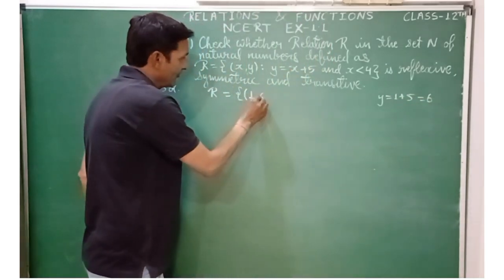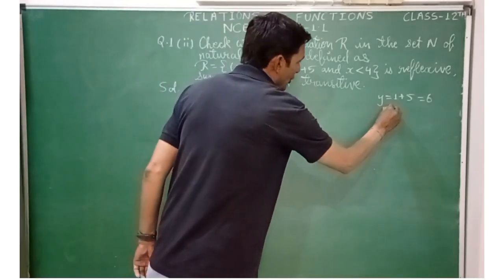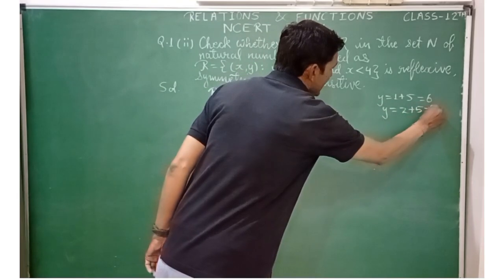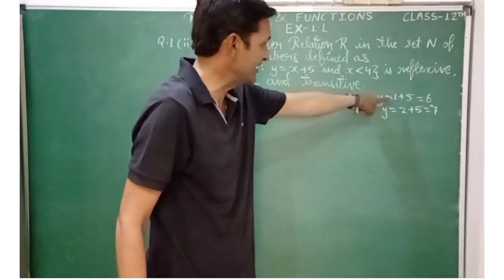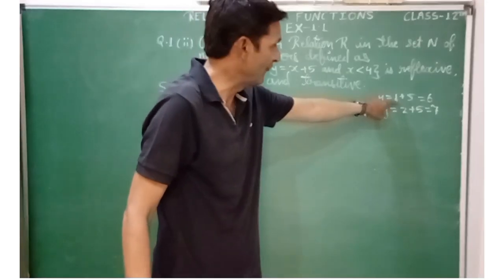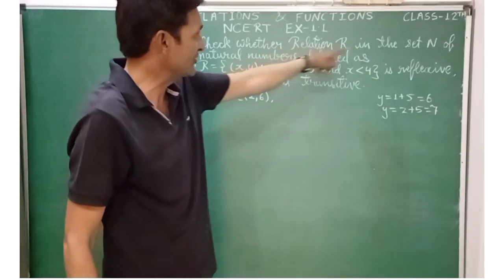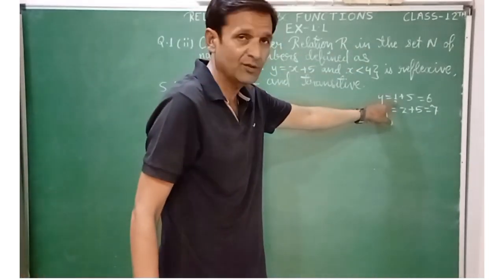On putting 1 we are getting 6, and on putting 2 we are getting 7, that is 2 + 5. Natural numbers always start from 1 and the relation is defined in the set N of natural numbers. That's why I am starting from 1.